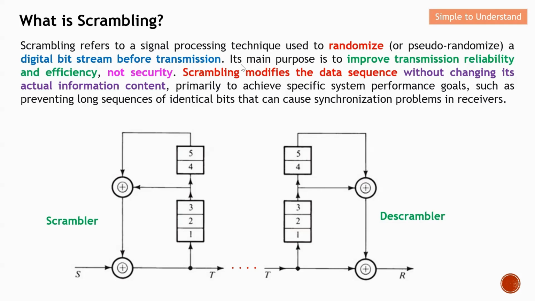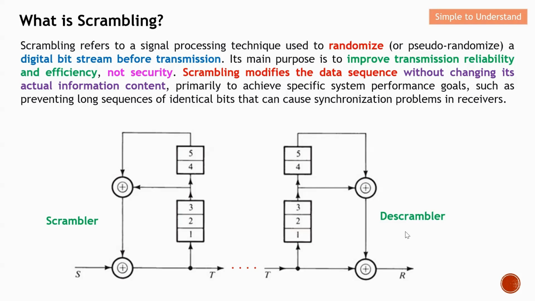So what is the main purpose of scrambling? The key purpose is to improve transmission reliability and efficiency, but not security, which I will highlight later on. Scrambling modifies the data sequence without changing its actual information content. You can see from here that this is the original data. Scrambling modifies the data sequence, but without changing its actual information content. Why?